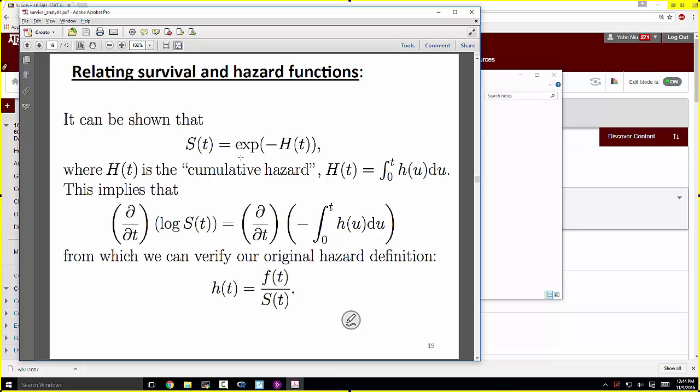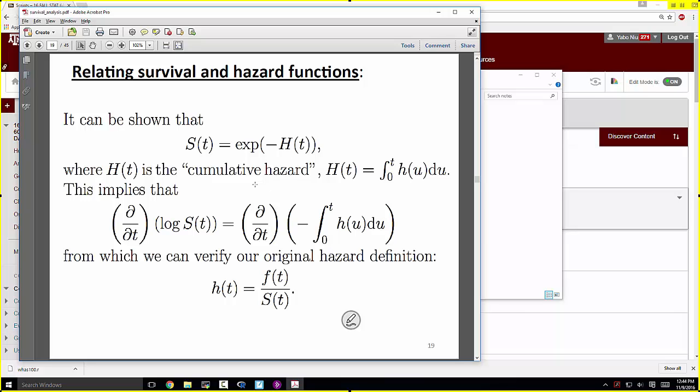So we can go back and forth between, say, a Cox proportional hazards model and survival probabilities. In particular, the survival probability at time t is e to the minus capital H of t, where capital H is a cumulative hazard, just like capital F is a cumulative distribution function, an integral from the left up to a particular time of the PDF.